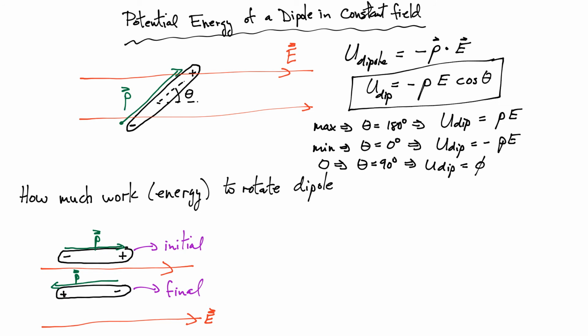So, to calculate how much work you needed to do, the work needed is basically just the change in potential energy. If you're not sure about this, think about just a mass. Right?